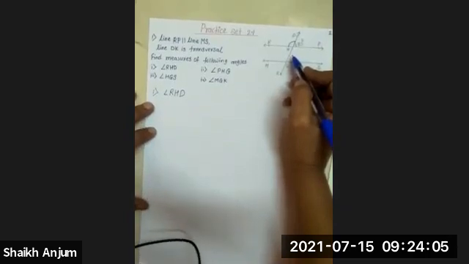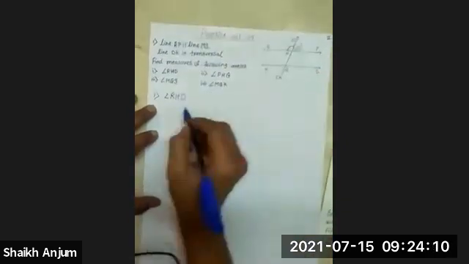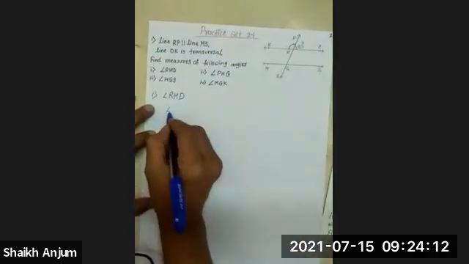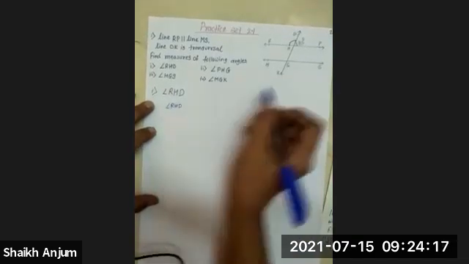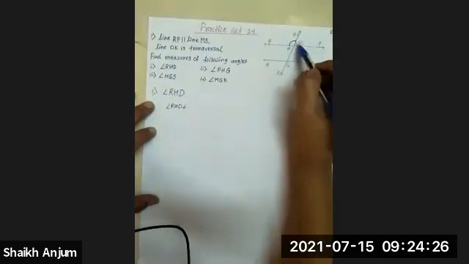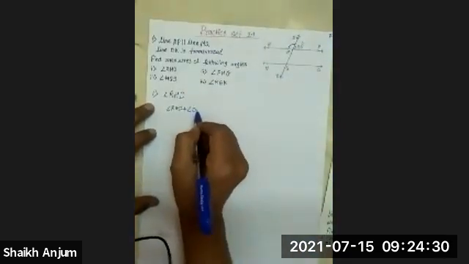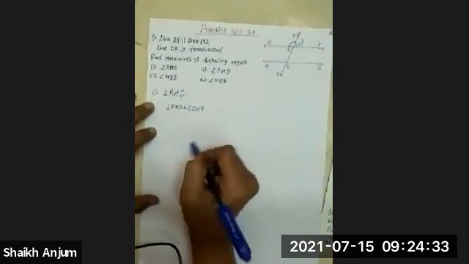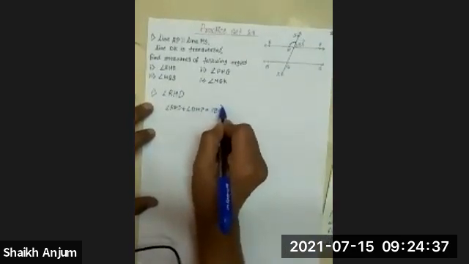That means they measure together 180 degrees. So we will write here angle RHD plus another angle of the pair, angle DHP, and as those are supplementary, it measures 180 degrees.